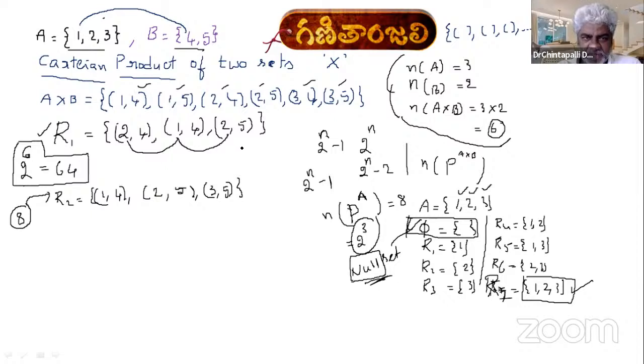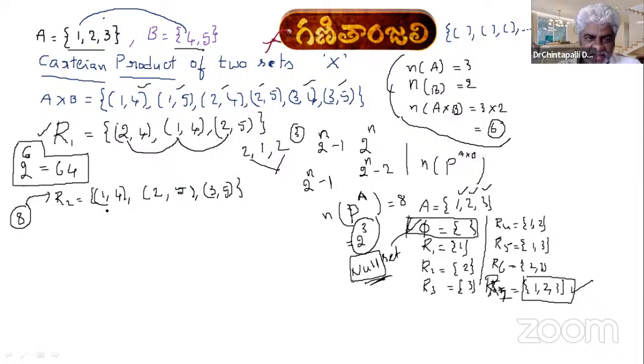If we take the first elements in every ordered pair, that are 2, 1, 2, they are taken from the first set. The first set has 1, 2, 3. But in R1, we use only 2, 1, 2. 2 is used 2 times and 3 is not used.